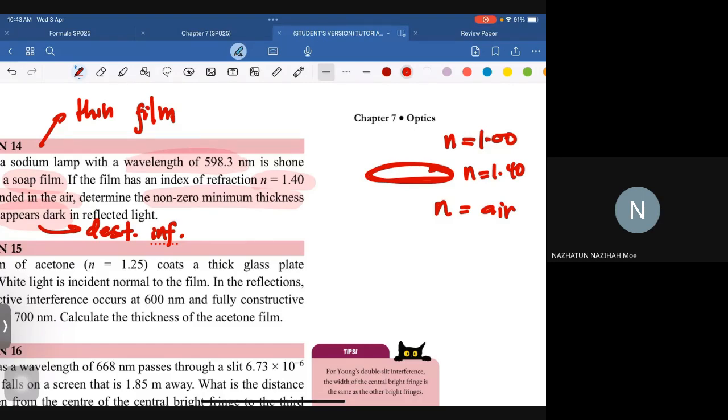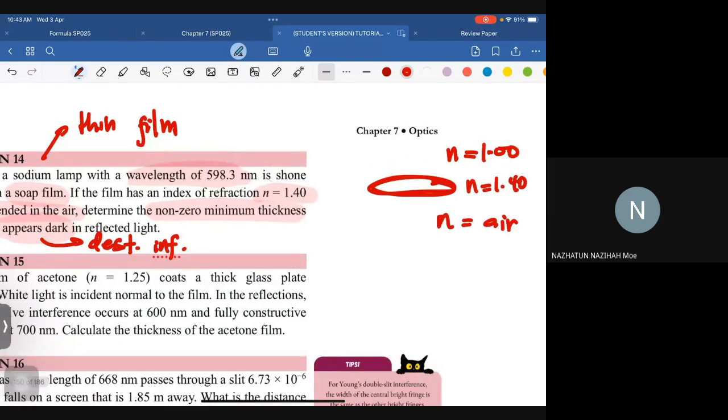So sekarang ni, kita kena identify dulu ada phase difference ataupun tidak. Okay, so ingat phase difference only happen when it goes from a small n to a larger n. Kalau dia terbalik, dia tiada phase difference. Okay, boleh kah? Are you okay? Saya terlampau laju bagi tahu.